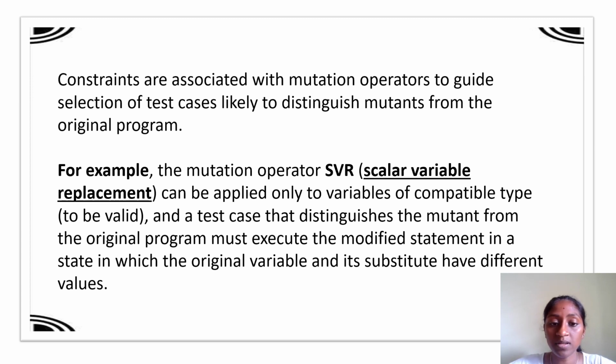For example, the mutation operator SVR, which is nothing but scalar variable replacement, can be applied only to variables of compatible type, that is, only for the valid ones, and a test case that distinguishes the mutant from the original program must execute the modified statement in a state in which the original variable and its substitute have different values.